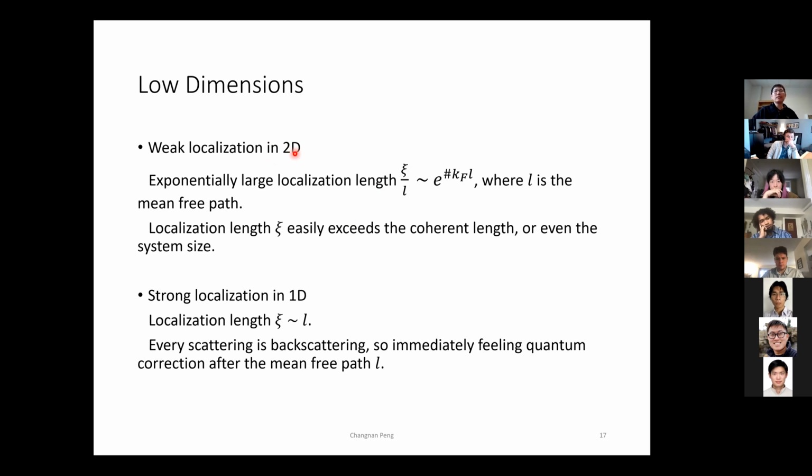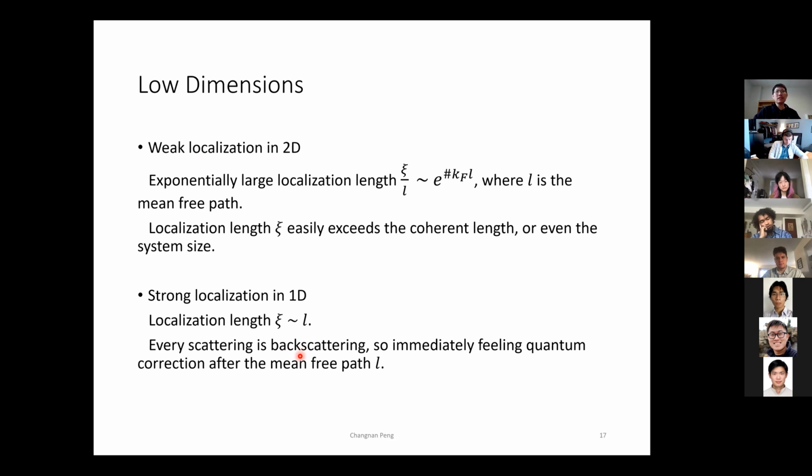So in some 2D systems, we might ignore the effect from weak disorder just because there's weak localization effect. However, in 1D, we have a strong localization. It means that the localization length psi is roughly the scale of the mean free path.